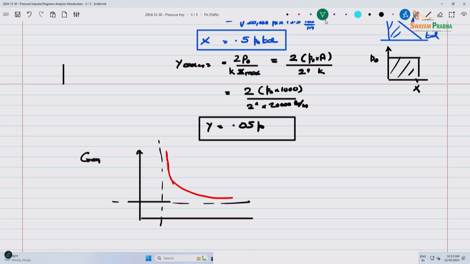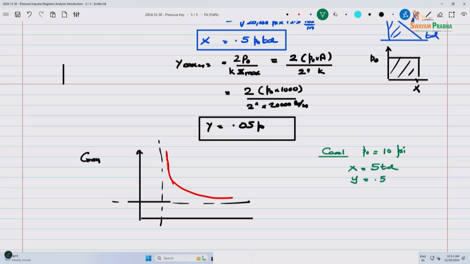Now, if my pressure, say case 1, if P naught is equal to 10 psi, x is equal to 10, so 5 TD, and y is equal to 0.5.